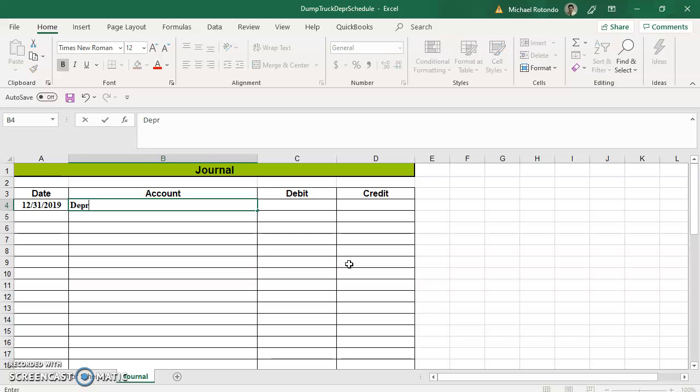And we're going to debit depreciation expense for $5,931, and we're going to credit accumulated depreciation. And that's for the dump truck.